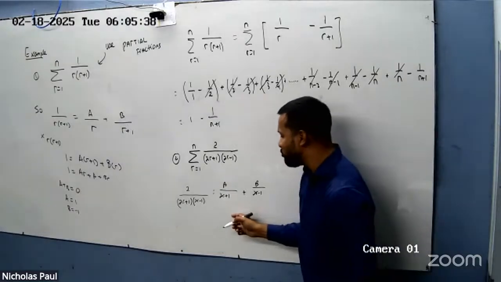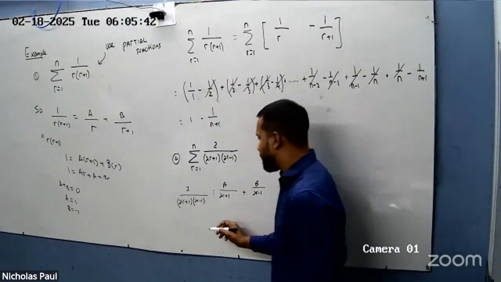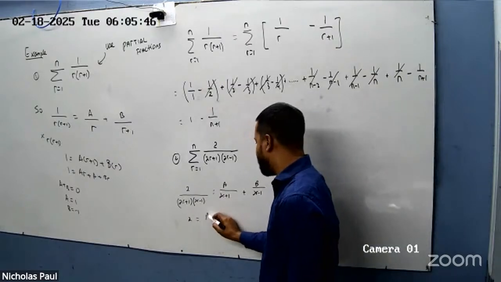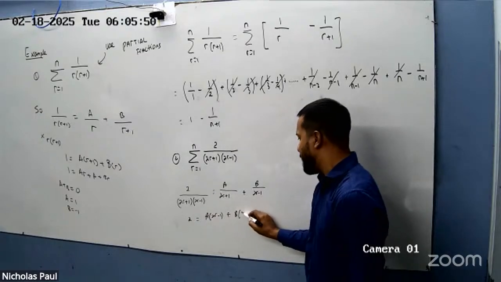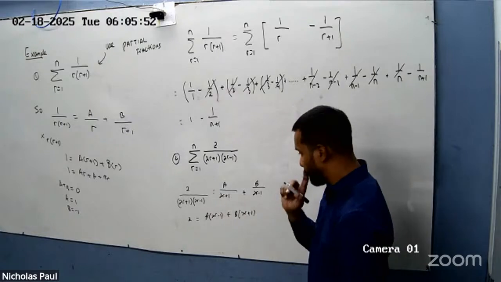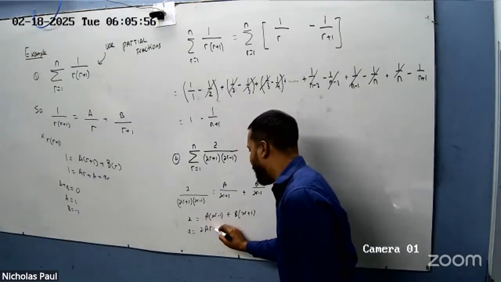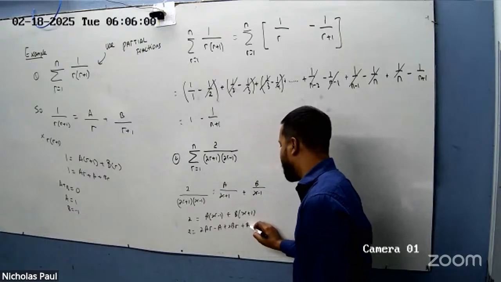Right, so when you reach here, it's a linear factor, right? So you will end up with 2 is equal to A by 2r minus 1 plus B by 2r plus 1. So you'll get 2 is equal to A(2r plus 1) plus B(2r minus 1).